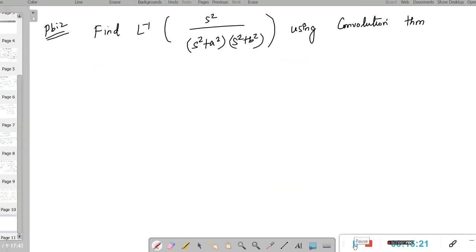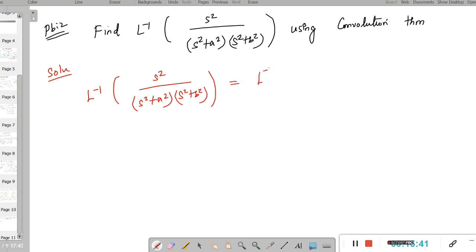Find L inverse of s square by (s square plus a square) into (s square plus b square) using convolution theorem. L inverse of s square by (s square plus a square)(s square plus b square) equal to, I am going to rewrite this single function as a product of two functions, so that each individual function has an L inverse.